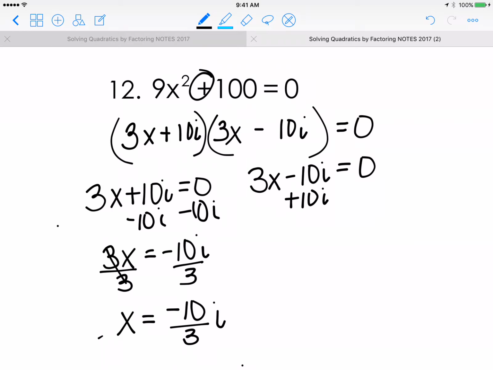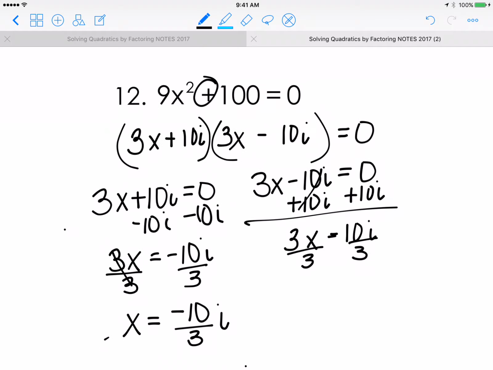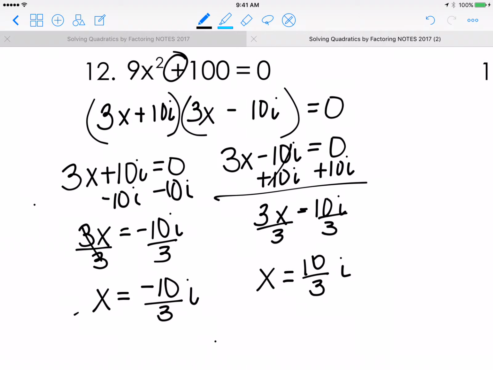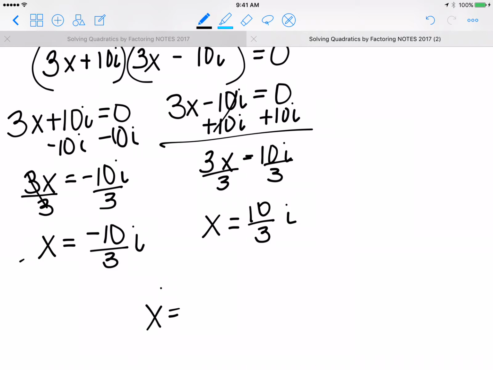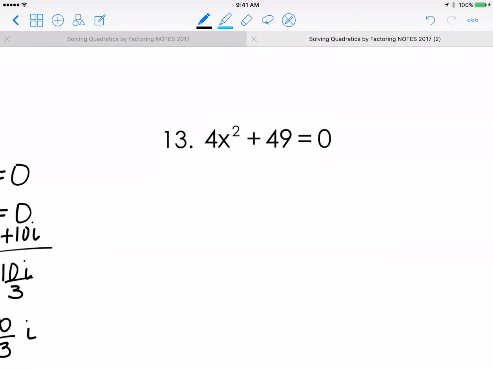Remember, we are not allowed to have i's in our denominator. So you get x is equal to negative 10/3 i, or 10/3 i. So I'm going to write them together real quick.